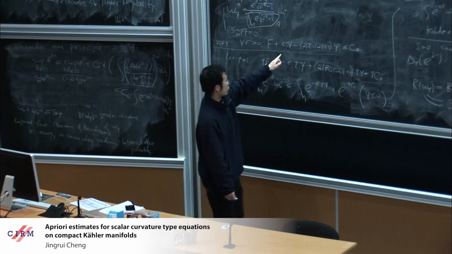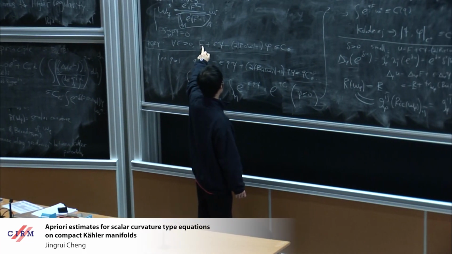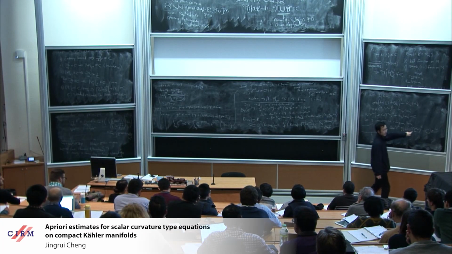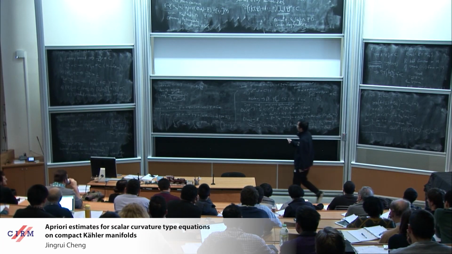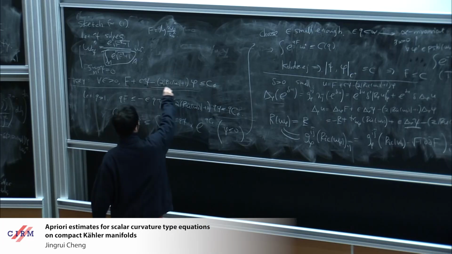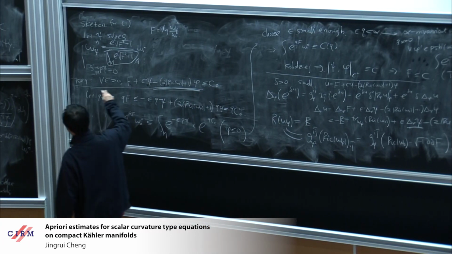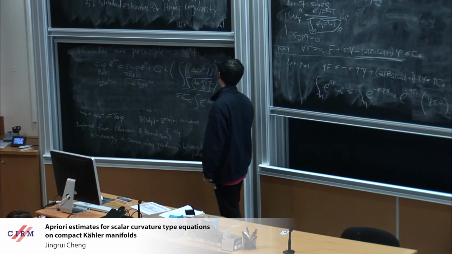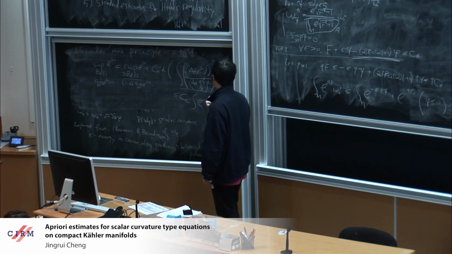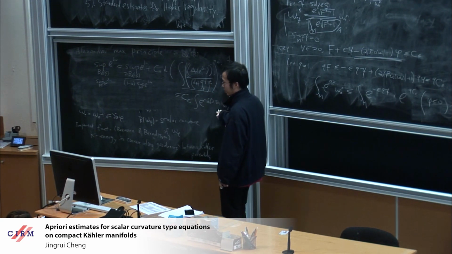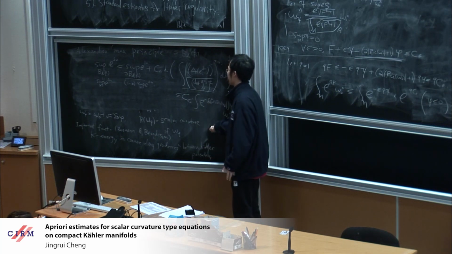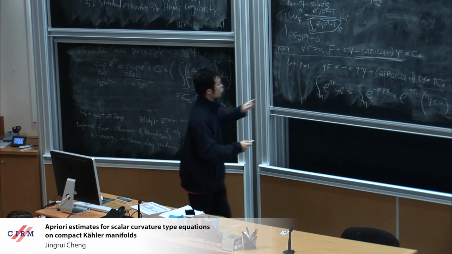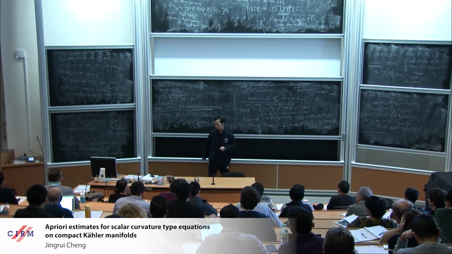For the f term, that's under control because we just integrate on the set where f has the upper bound. The only thing you need to worry about is the negative exponent here. But the negative exponent is e to the negative delta times some universal constant times phi, which can be bounded using the alpha invariant by choosing delta small enough. So you get the bound for the whole integral, and you get the bound for the function u. And that's the key estimate.